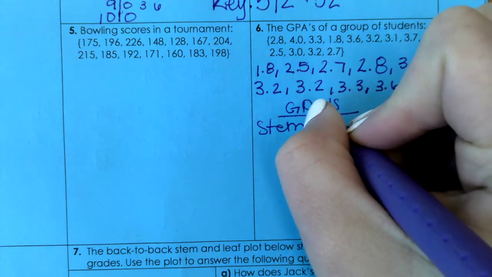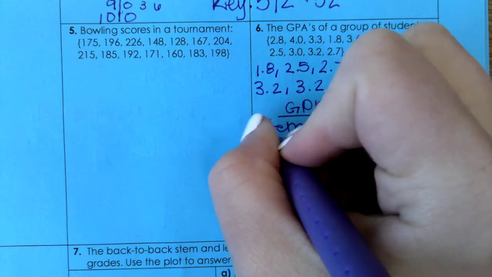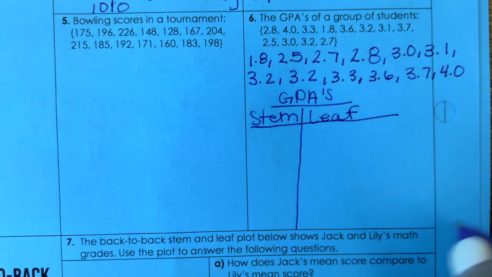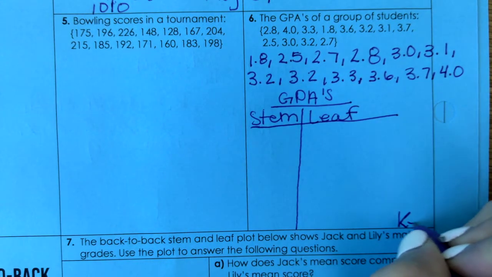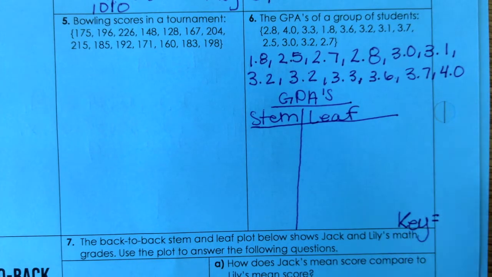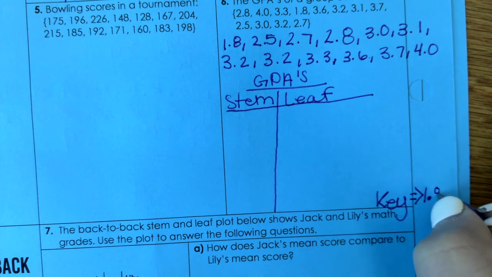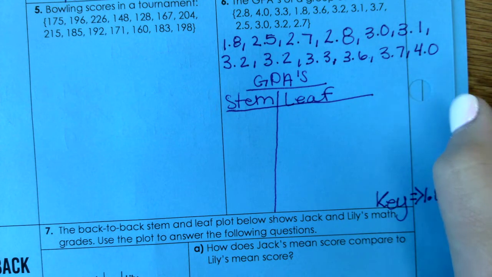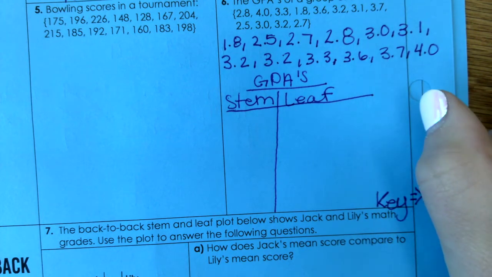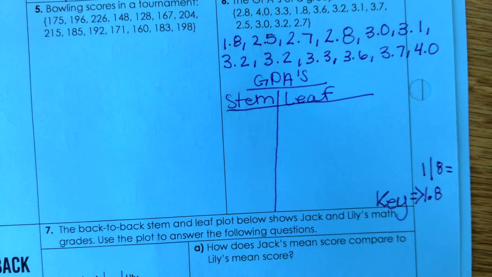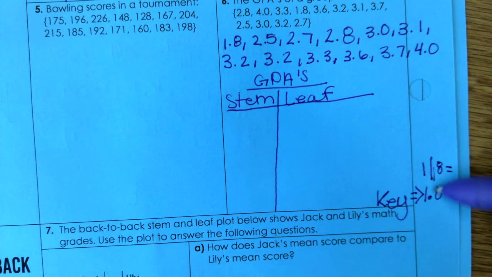And then I'm going to have my leaves. Okay. My key here this time would be that if I have 1.8, what is that going to look like then? 1 line 8. So pretty much our line would be our decimal point.